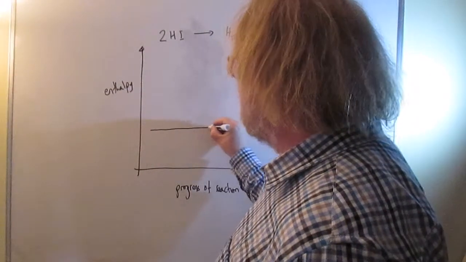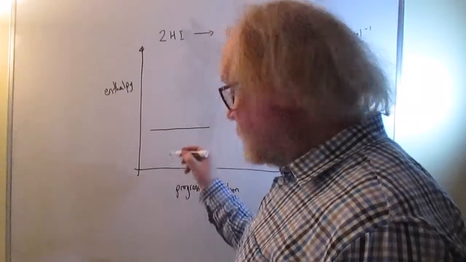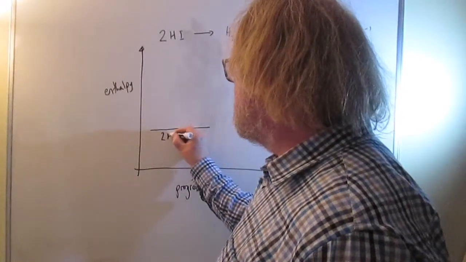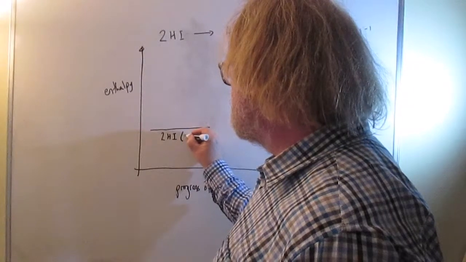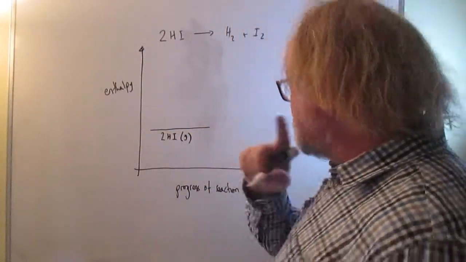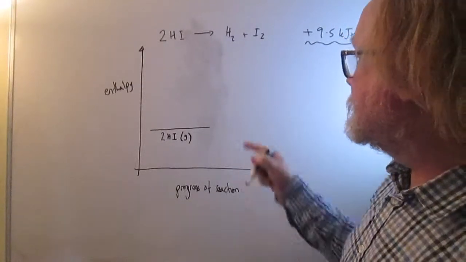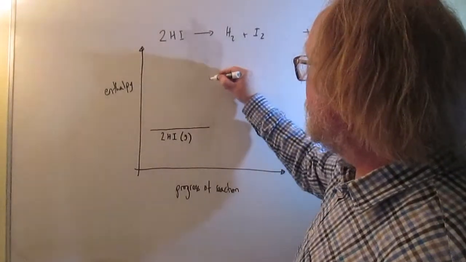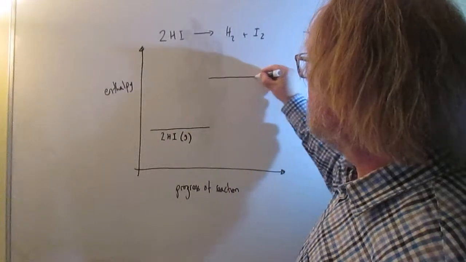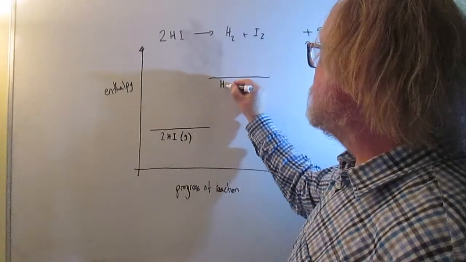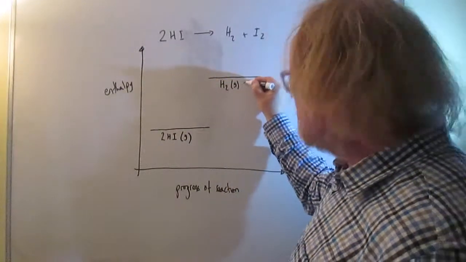So we mark on a level corresponding to 2HI, always include the state symbols, because obviously the state of the substance affects the enthalpy level, so that's important. So we've got 2HI there, and then at a higher enthalpy level we're going to have H2 gas plus I2 gas.